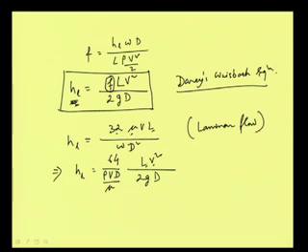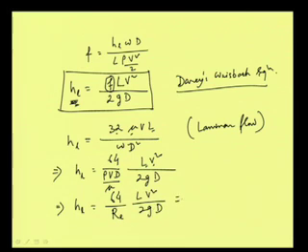Now, if we combine these things, what is rho V D by mu? This is nothing but the Reynolds number. So, we can write that HL is equal to 64 by Reynolds number into L V square by 2 g D.